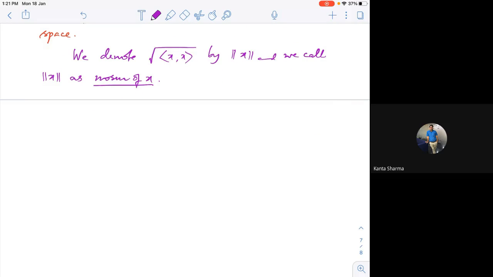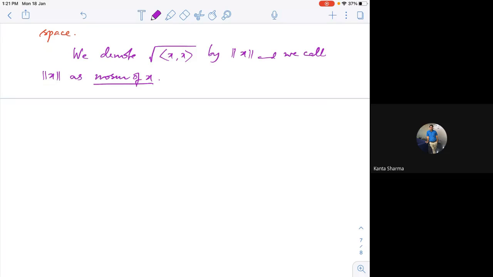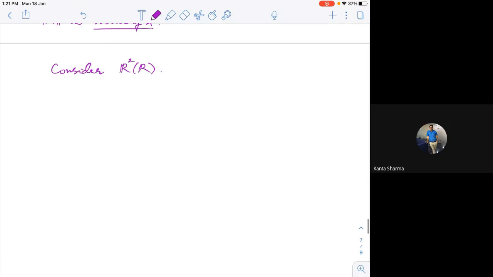Let us try to look at R square over R. Consider this example. Take R square over R and define x bar comma y bar, where of course x bar is equal to (x1, x2), y bar is equal to (y1, y2).